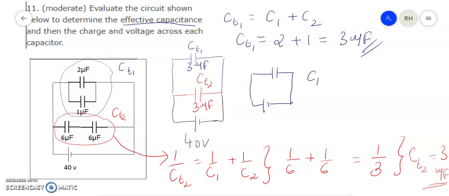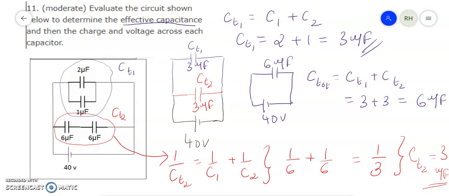So C total is equal to, you can put any name as you like, as long as you are understanding and doing the work. So I will put this as CT1 plus CT2, and that gives me 3 plus 3, which is 6 microfarad. So I get the final answer as 6 microfarad, and then my voltage, which is 40 volt.